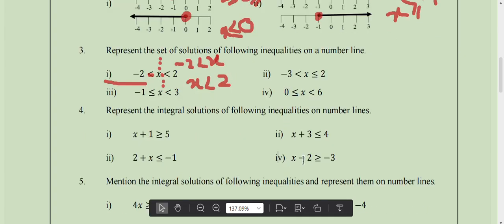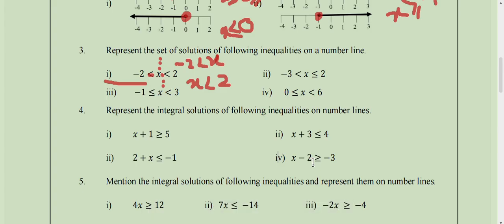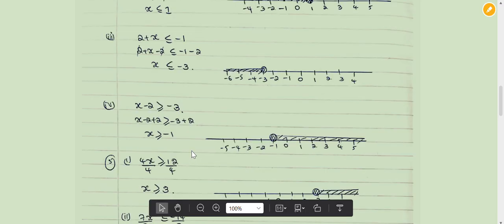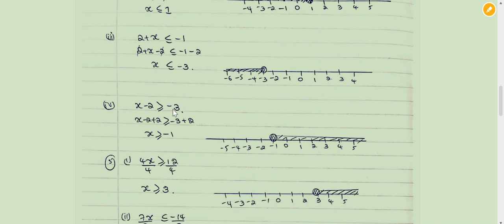Fourth, x minus 2 is greater than or equal to minus 3. So firstly you should cancel this negative 2.